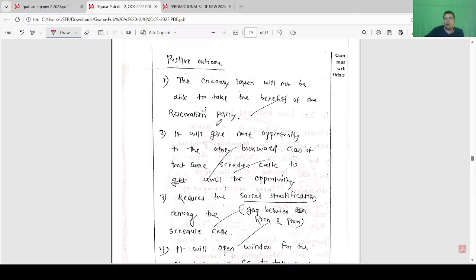Positive outcome: creamy layer will not be able to take benefit of the reservation policy. More opportunity to the backward class among scheduled caste.